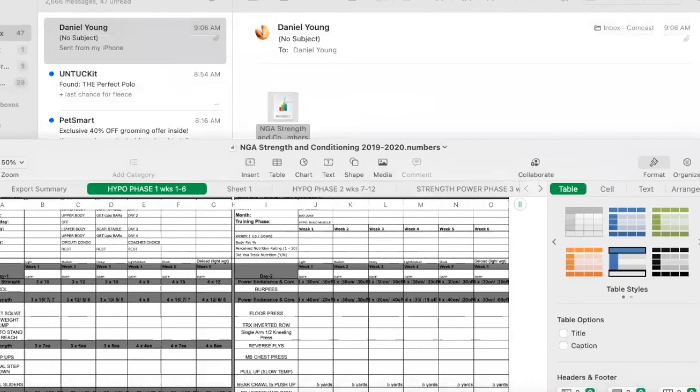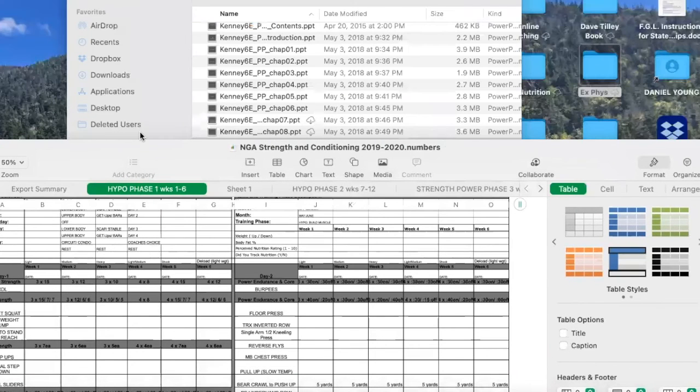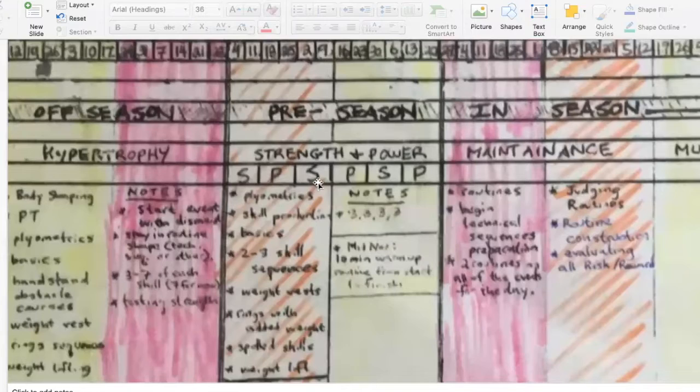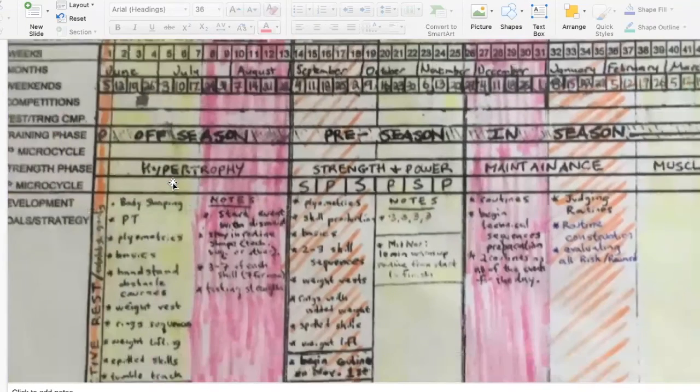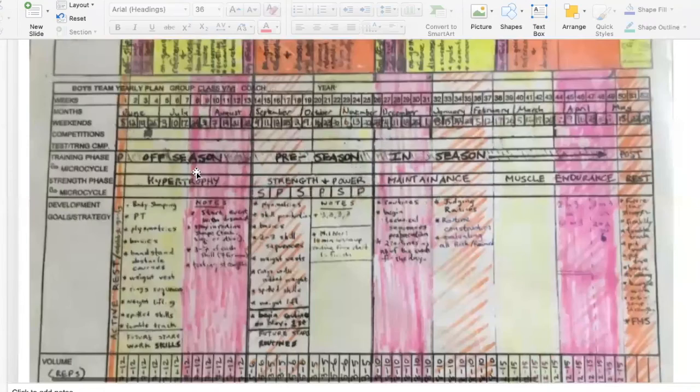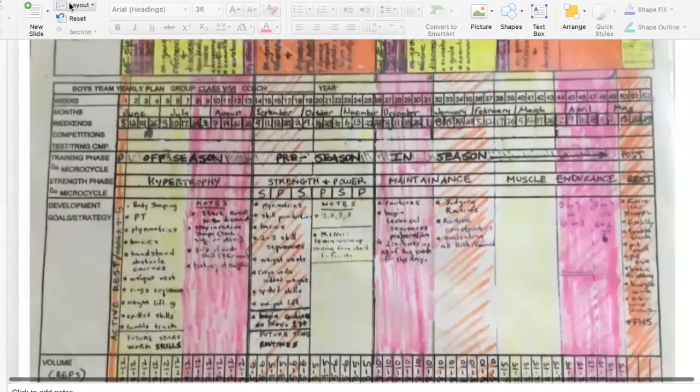This is the first 6 weeks right here. The first 6 weeks of hypertrophy in this periodization chart are listed right here.